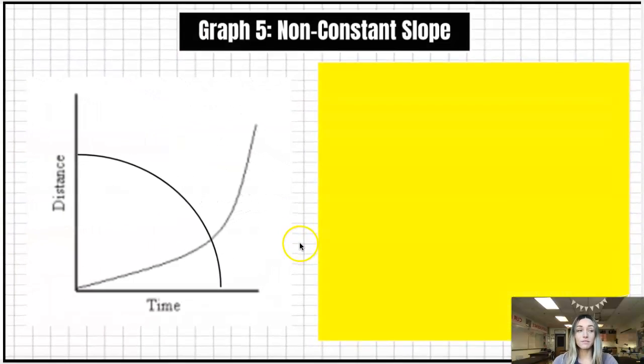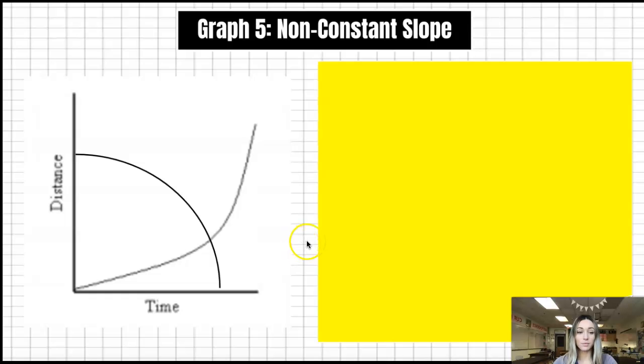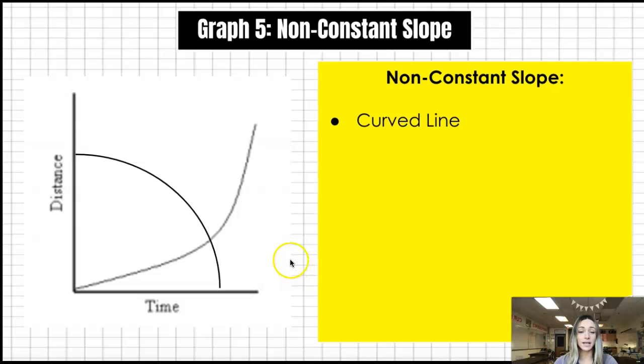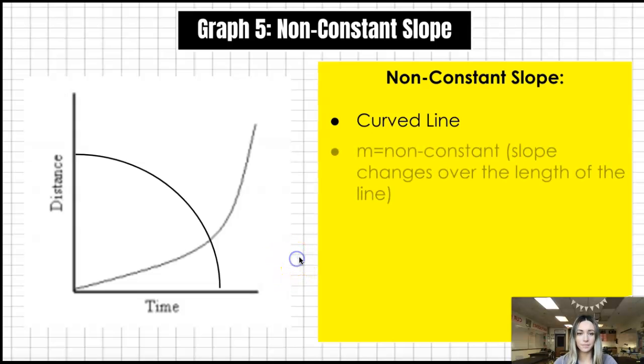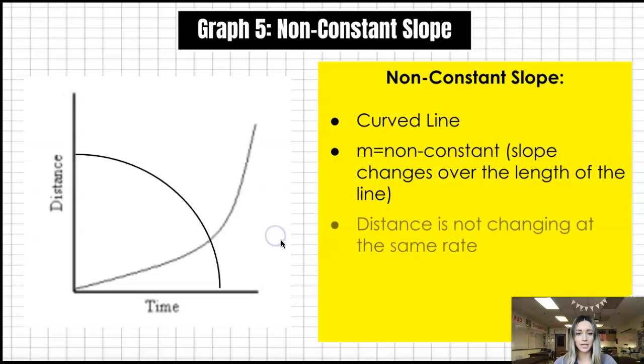Now that we know what a constant slope tells us, we can probably assume that a non-constant slope, which means the line is curved or not linear, tells me that the slope is changing over the length of the line. I can see a very shallow slope here that starts to get very, very steep at the end, and then the direct opposite here.